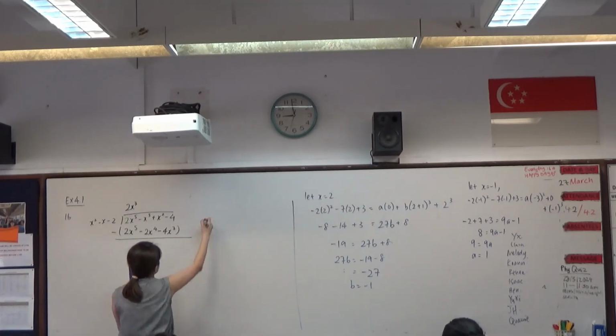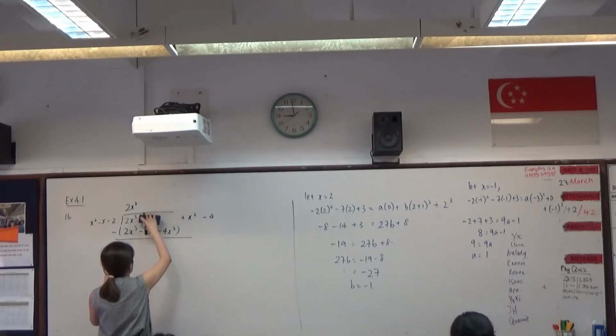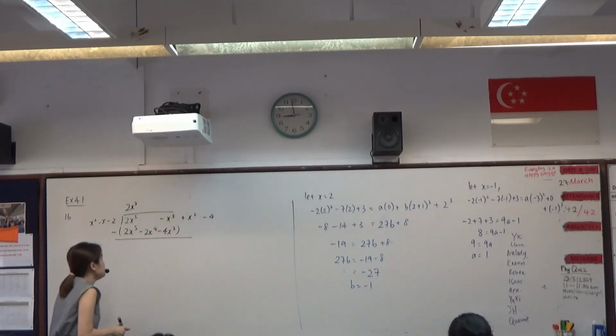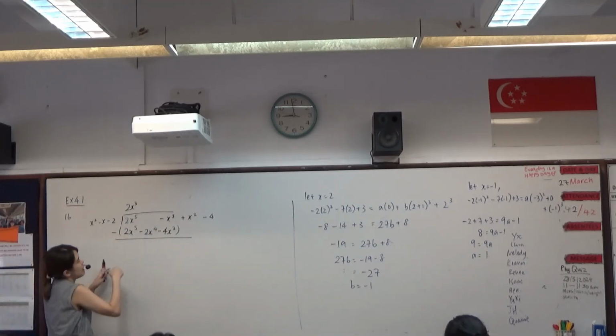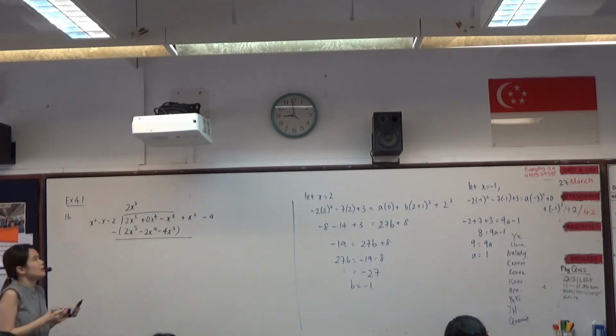So let me just write negative x cubed. So you can align it in this manner. Power of 5, then power of 4 we don't have, then power of 3.